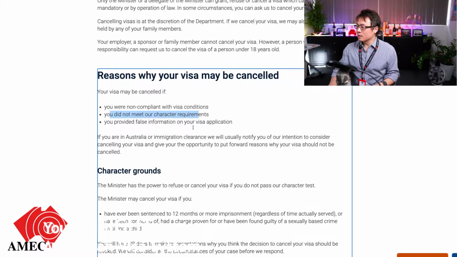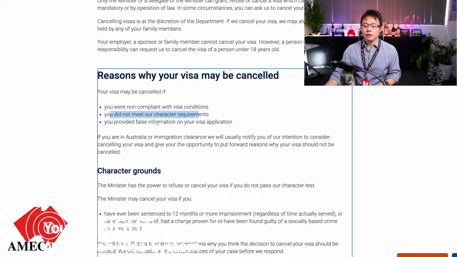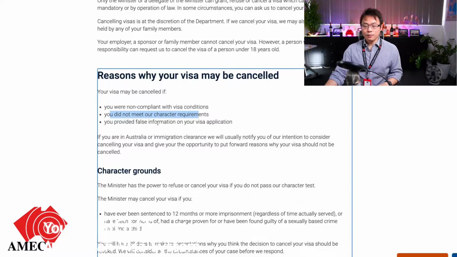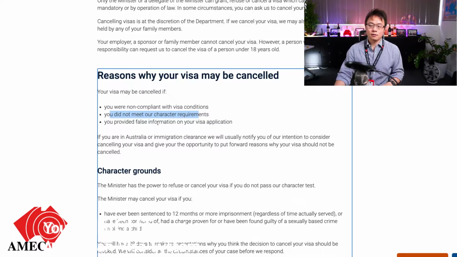The next one is meeting the character requirement, which means that you have a character issue. Now, what does that mean? Generally a character issue is when you have been incriminated, or have some sort of offence that will attract potentially over 12 months of imprisonment. Then you'll be refused or cancelled.